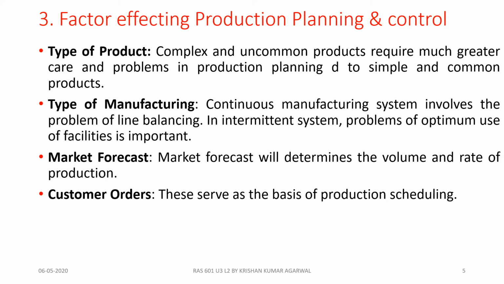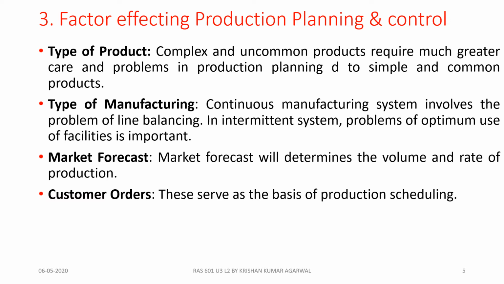If the manufacturer's financial as well as other resource capability is not so high, that is, the firm is of low size or medium size, then they have to plan accordingly. And also the type of product matters a lot.